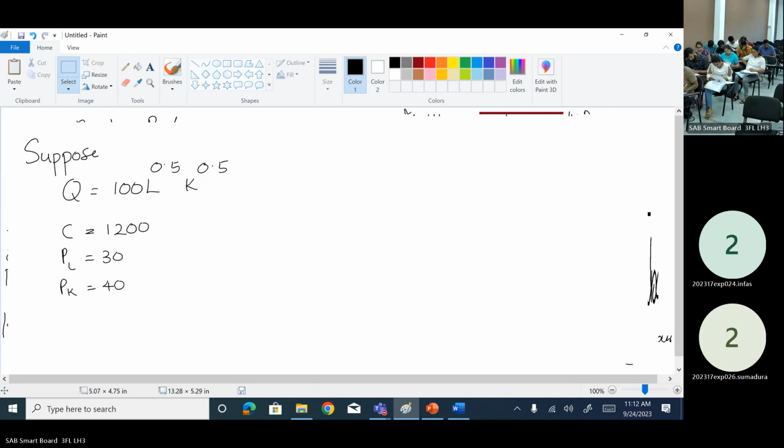The thing is, we know our condition: MPL over PL equals MPK over PK. So this is our condition.